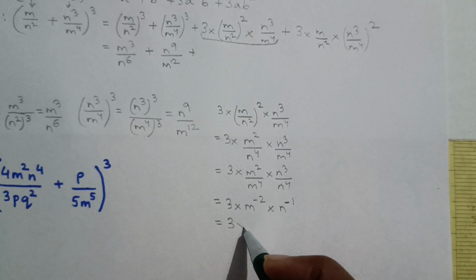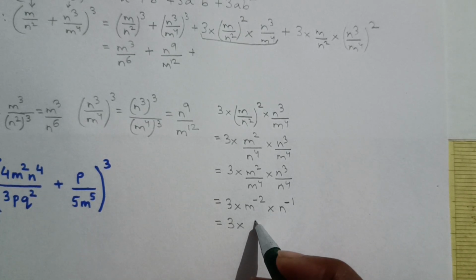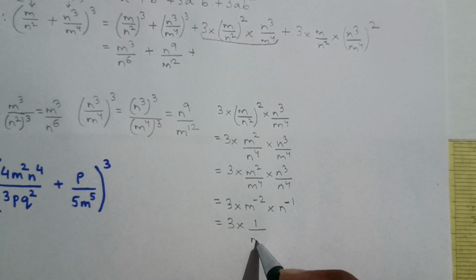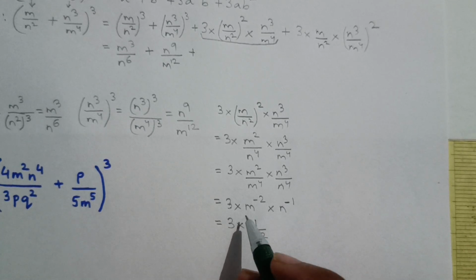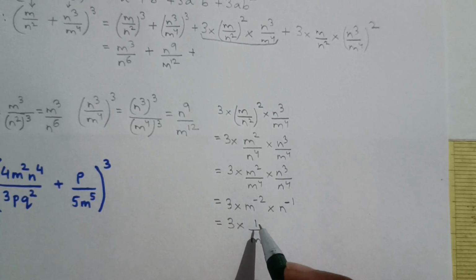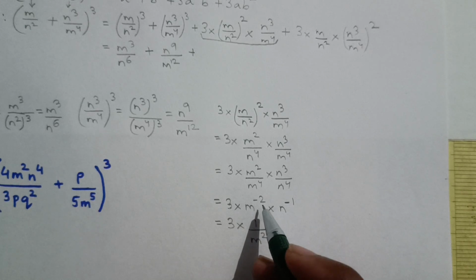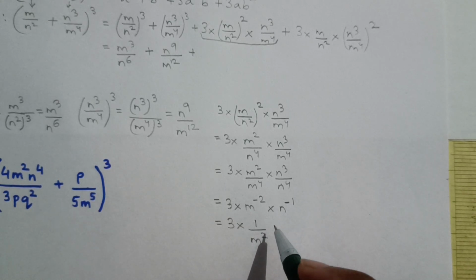So this will be 3 into, now m to the power minus 2, I will write in positive power as 1 upon m to the power 2. So here the power is positive. We have converted the negative power to positive power.